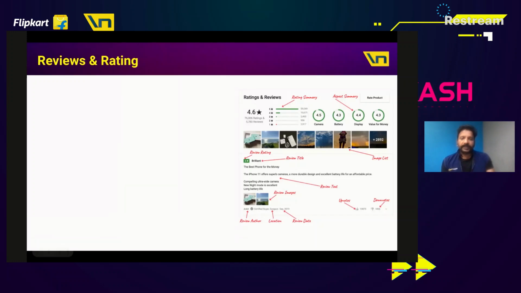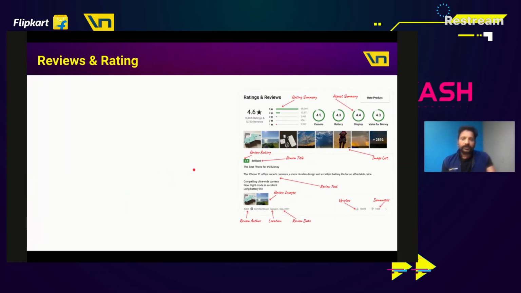There might also be images that a customer would have onboarded based on the product they've bought. And then comes the actual review as a whole. A review again has some title and some text and some images, along with upvotes and downvotes. Now, ratings and reviews, everybody knows, is extremely popular.